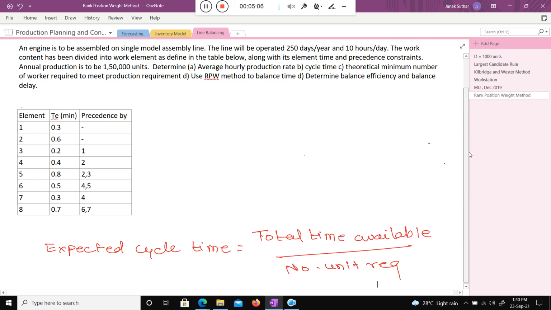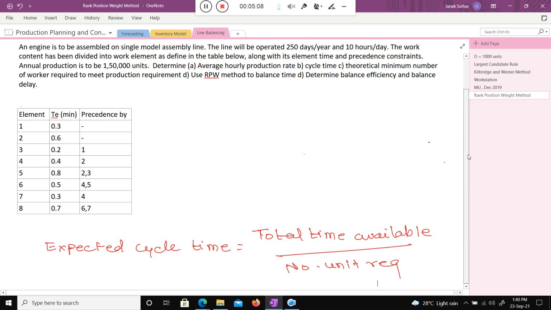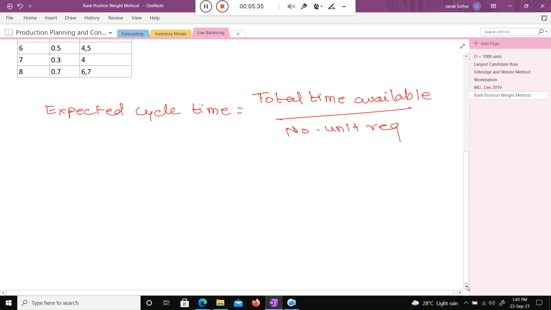I don't understand. Okay, here, what is the total time? 250 is the total days, right? Into 24. Why 24? The plant does not work 24 hours; here it is given how much you will work. That is 10 hours per day. So 250 into 10. Very good. Into 60, because we want to convert into minutes.